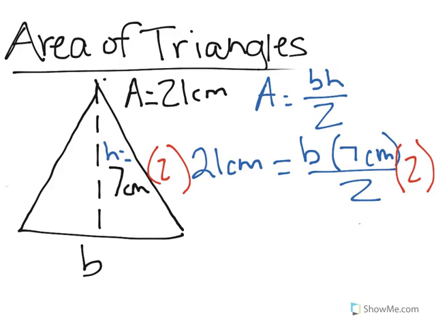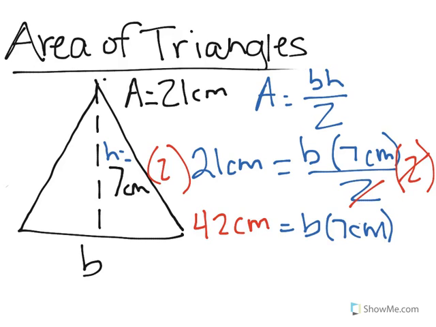That will get rid of our division. And 21 times 2 would be 42 centimeters. I still have my base, and I still have my 7 centimeters. Now I need to keep going backwards.